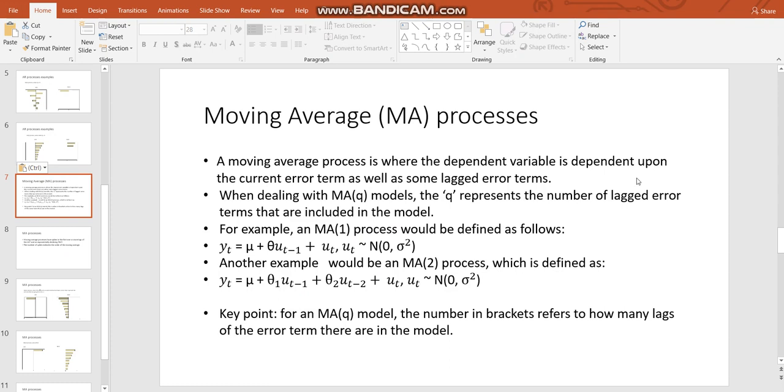And so now just moving on to moving average processes, which for the rest of this video I'll just be referring to as MA processes. MA processes are very simple as well. All they are is they're just equations where the dependent variable is dependent upon the current error term as well as some lagged error terms.